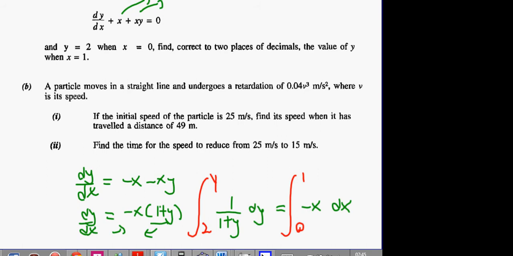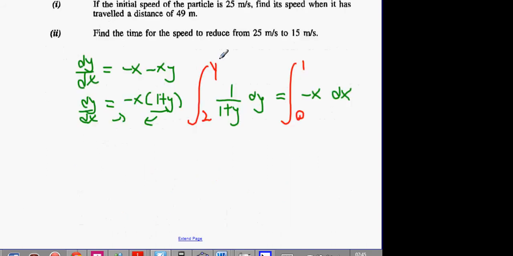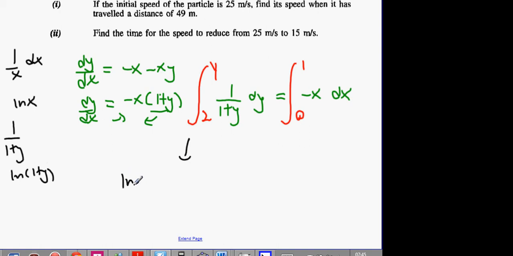Okay, next thing I've got to do is go integrating it. Now, the integral of 1 over x dx is ln x. Similarly, the integral of 1 over 1 plus y is ln of 1 plus y, close bracket. Okay, integrate minus x, and that's from y to 2.